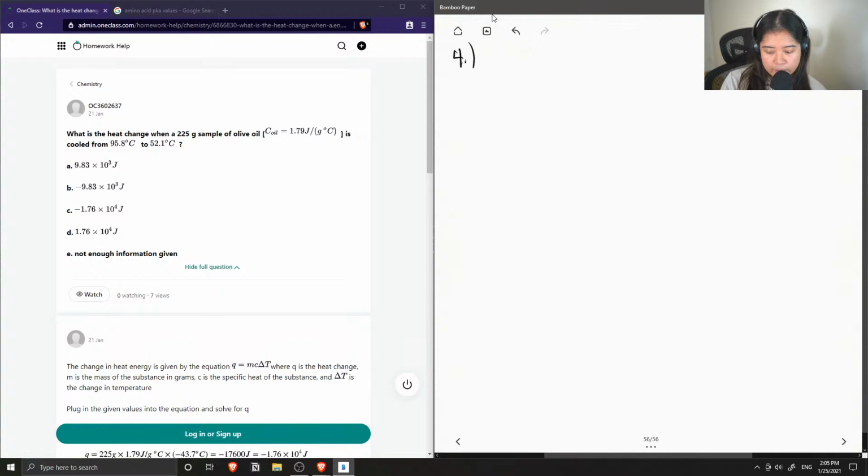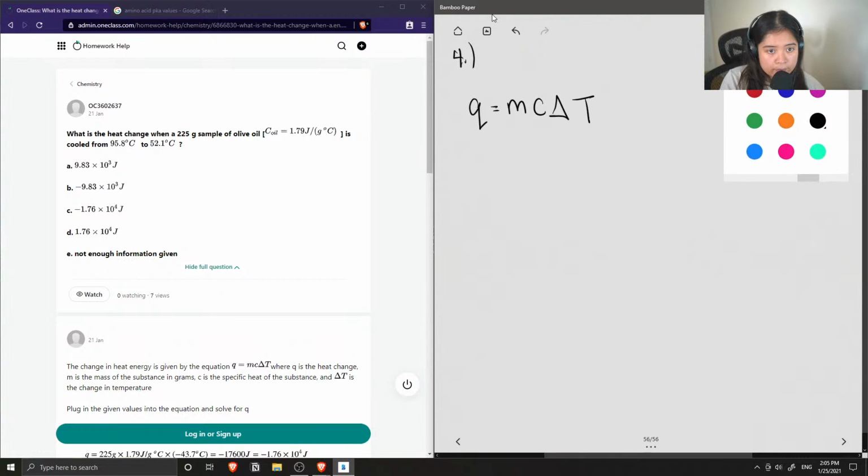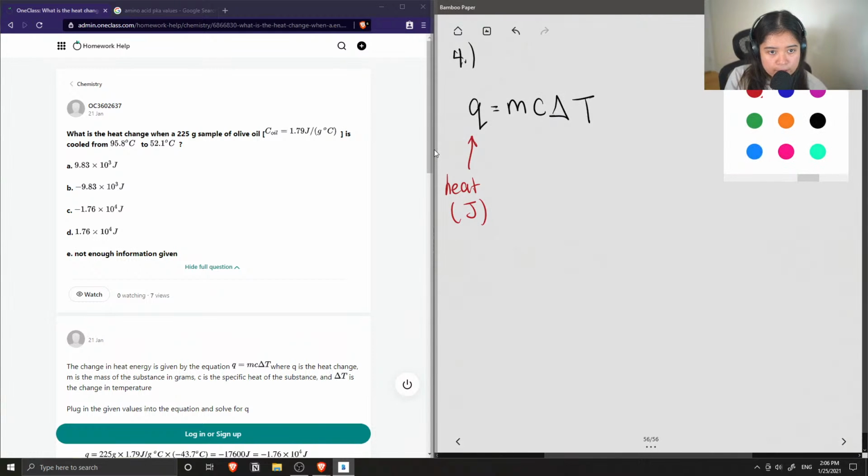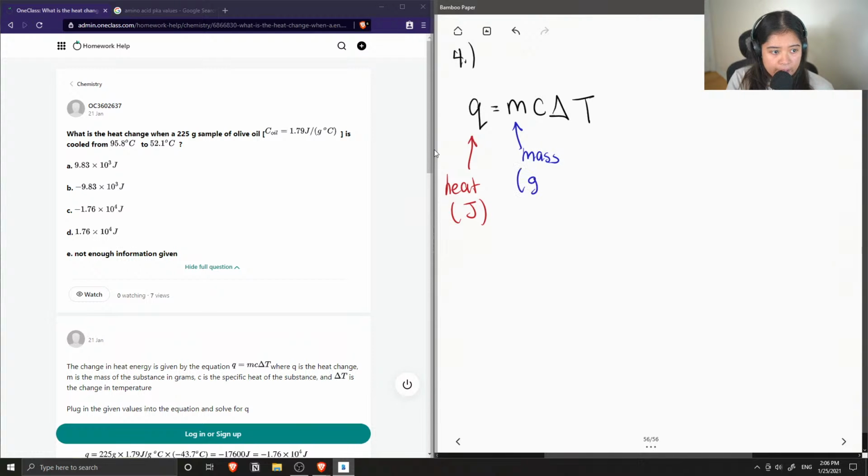So to do that, we use the equation Q is equal to mc delta T. So Q is the heat, and its units are typically in joules. M is the mass in grams. C is the specific heat capacity.